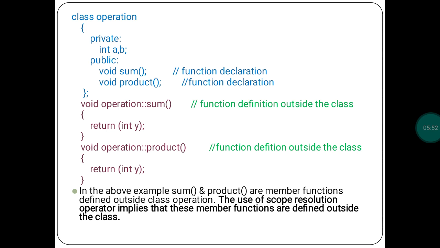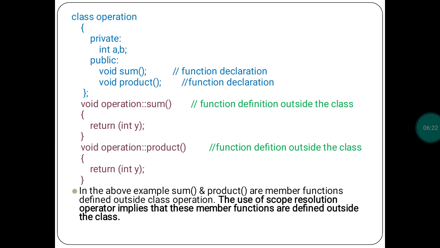So see here, class is closed. Then after that, again we are going to take void operation, scope resolution operator, sum. Void is a keyword, operation is a class name, scope resolution operator. It is used to define the member function outside the class. The question may be asked: what is the purpose of scope resolution operator?